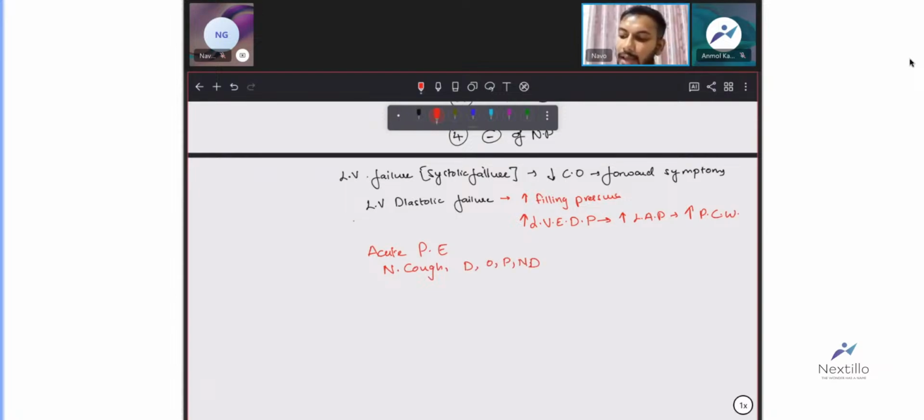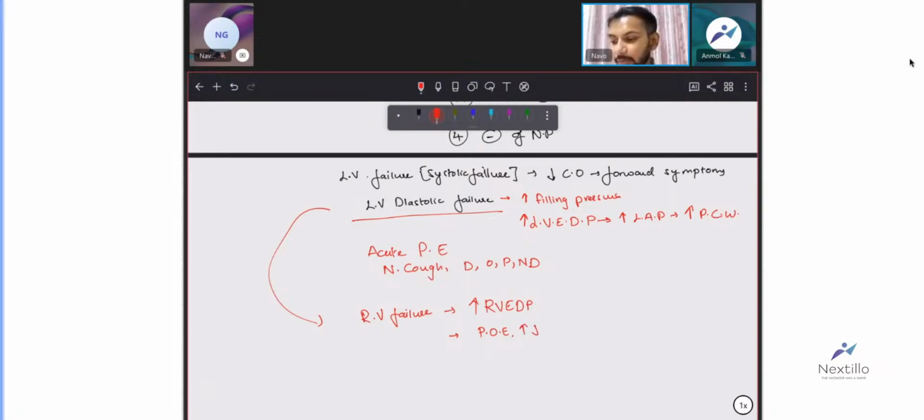Yes. Now, LV diastolic failure will in turn cause RV failure. So this will increase the filling pressure of RV. So it is increasing the RVEDP. If RVEDP is increased, it will cause periorbital edema.